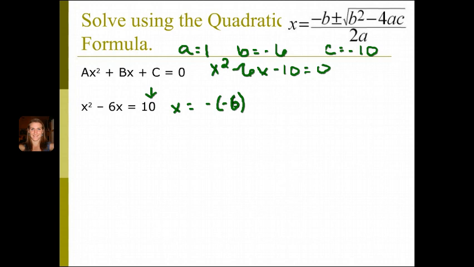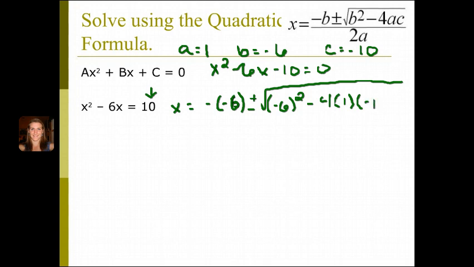Plus or minus the square root, again the negative 6 for b squared goes inside of parentheses, minus 4 times 1 times negative 10 all over 2 times 1.